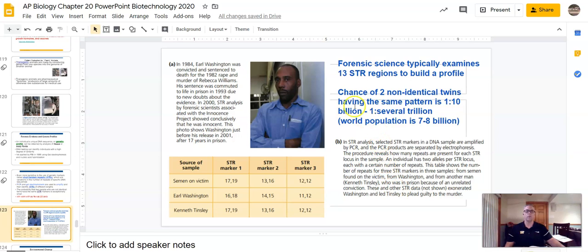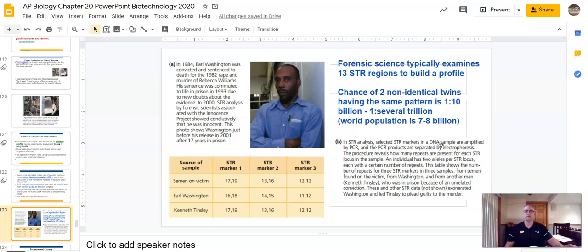And we only look at 13 regions, but if you look at these statistics, it's pretty amazing. So just by looking at 13 STR regions in a human, the chance that two non-identical twins would have that same pattern ranges anywhere from 1 in 10 billion to 1 in several trillion. And keep in mind that that's more than the number of people on the earth.